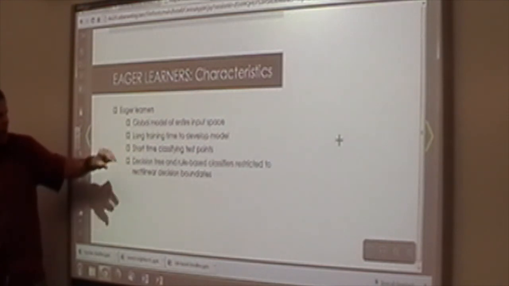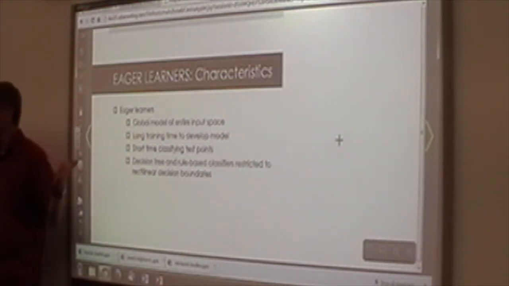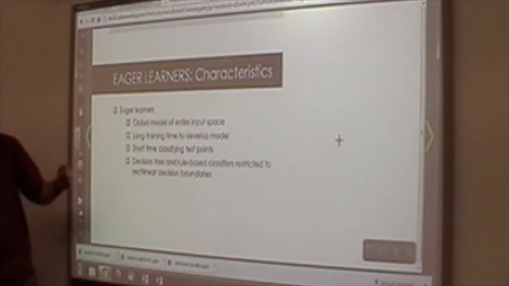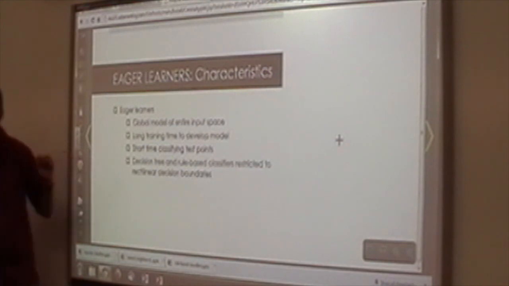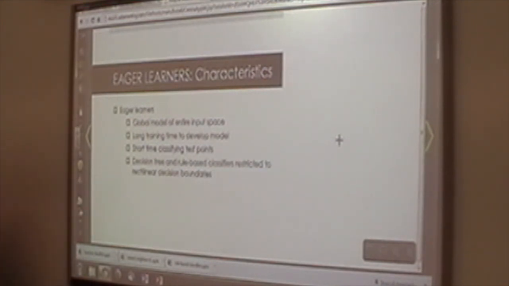Long training time to develop the model, short time classifying test points. So we talked about that. But again, decision tree and rule-based classifiers, at least those two, tend to be restricted to fairly simple decision boundaries. If your boundaries become really complex, you're going to be using a lot more steps to build the model using rectilinear approaches, and building a much more complex model than otherwise would happen.